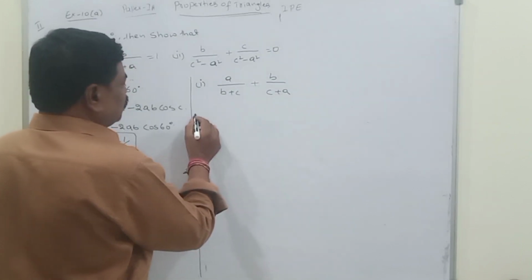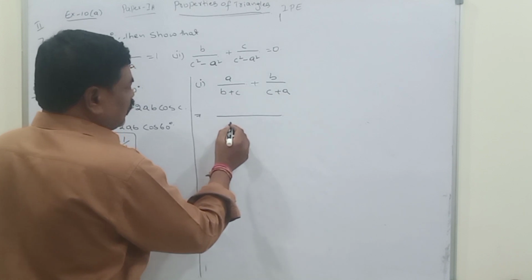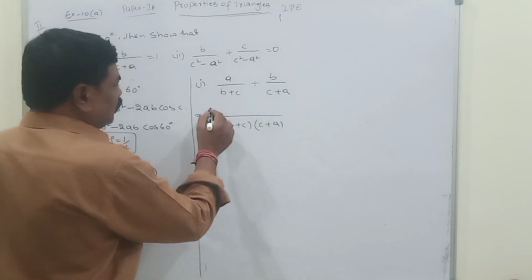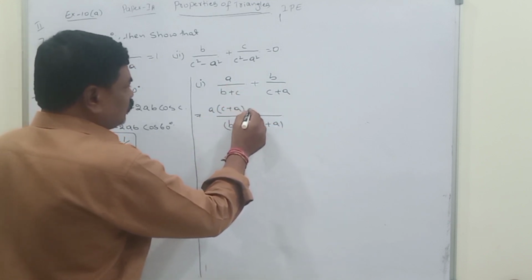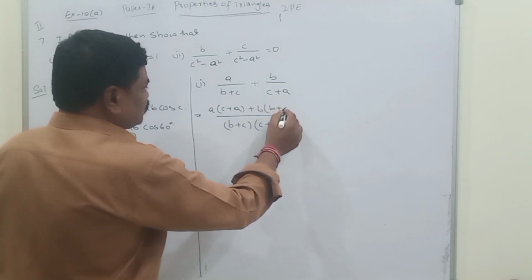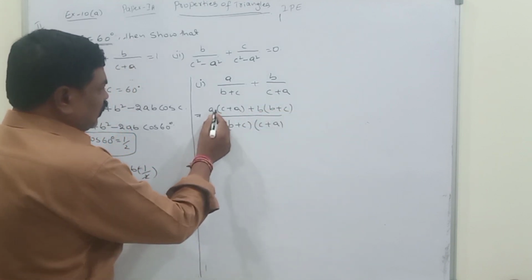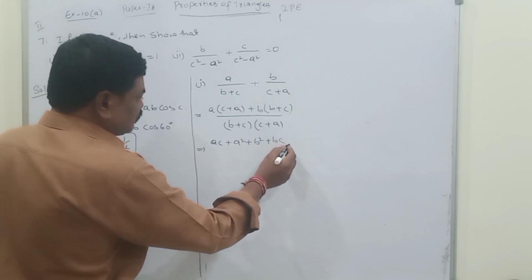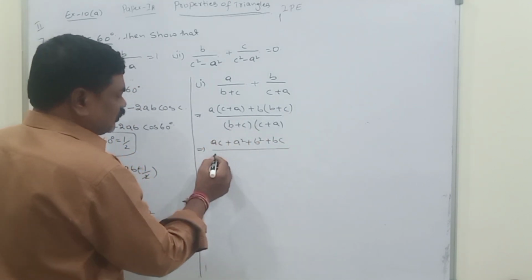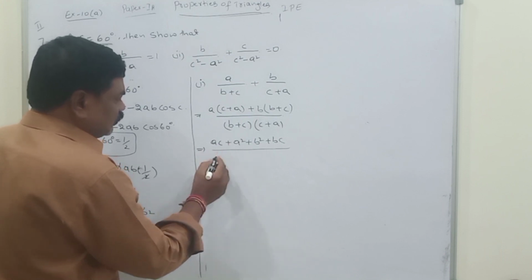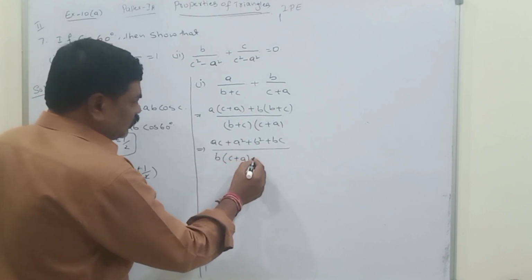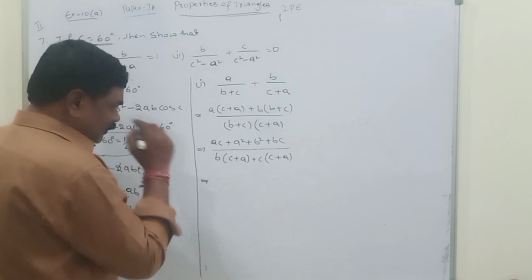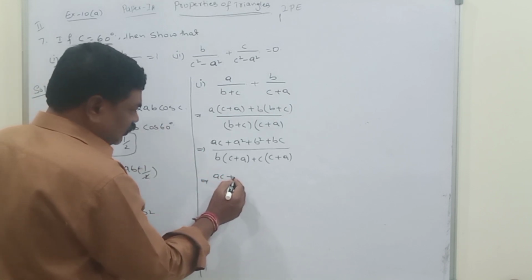So this one you can take LCM, B plus C into C plus A. So A of C plus A plus B of B plus C. So this implies AC plus A square plus B square plus BC by BC plus B into C plus A plus C into C plus A. So here you can write AC plus A square.